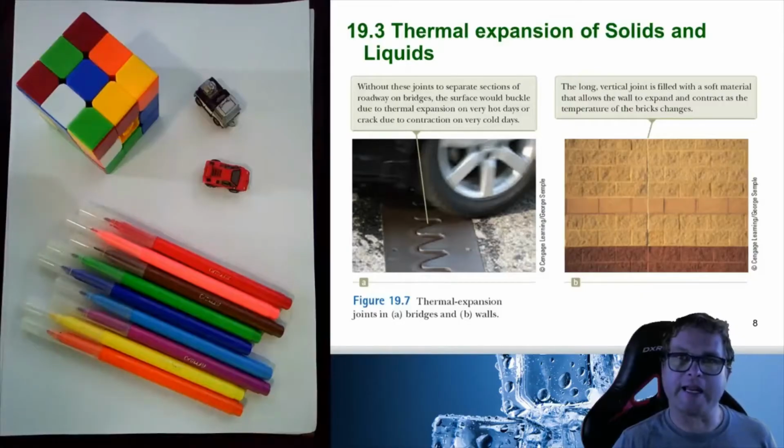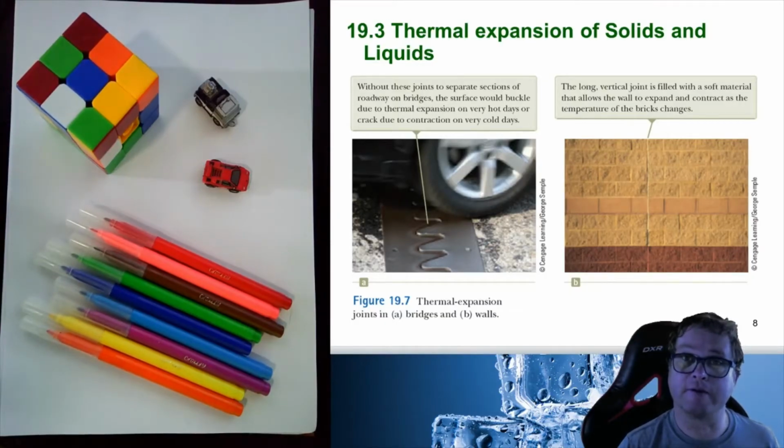We find that as temperature changes, things tend to either expand or contract. As things get hotter, a material will expand, and as it gets colder, it will contract. And here too, very practical everyday engineering examples of that.